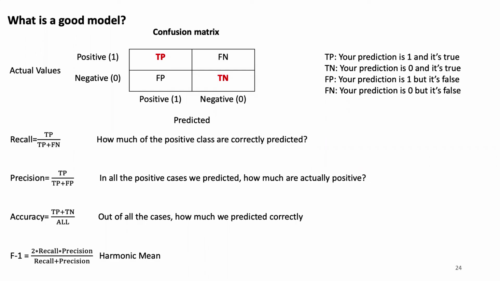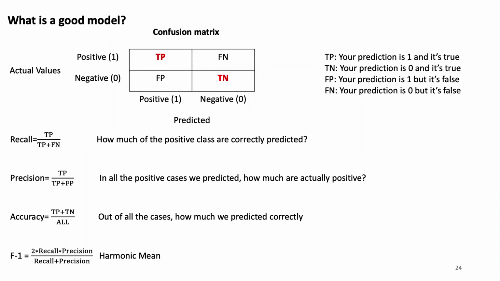For example, you can calculate recall. Recall means how much of the positive class is correctly predicted by your model, right? You want to get the number as high as possible. And precision means, in all the positive cases we have predicted, how many are actually positive, right?